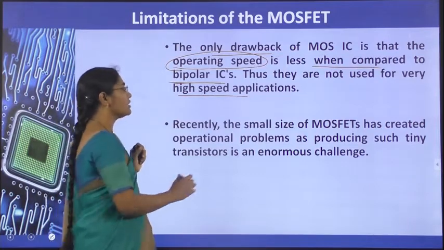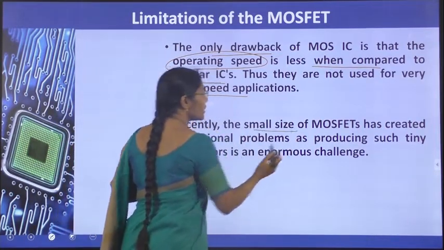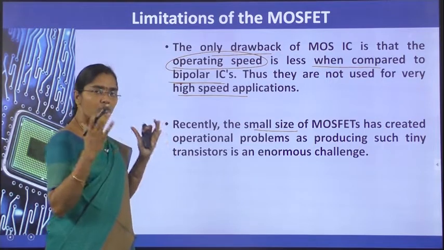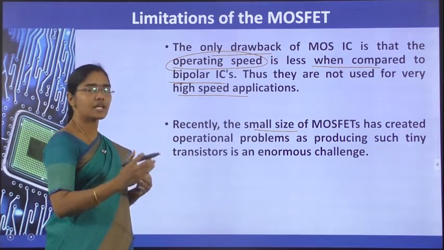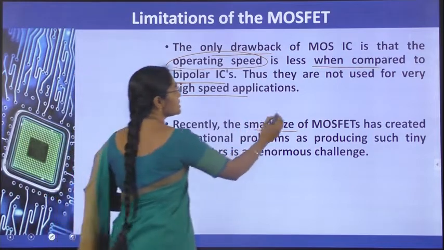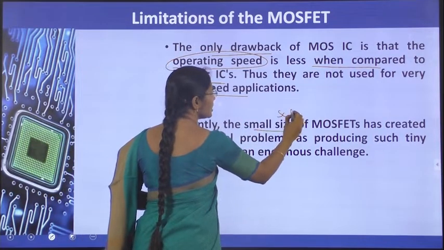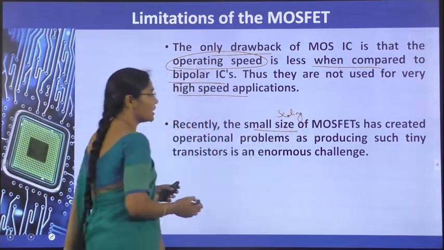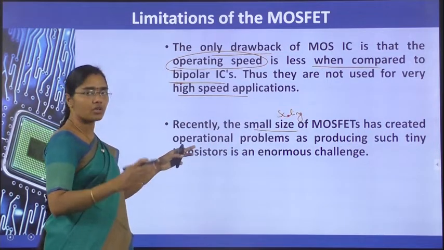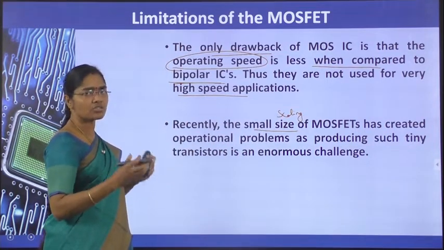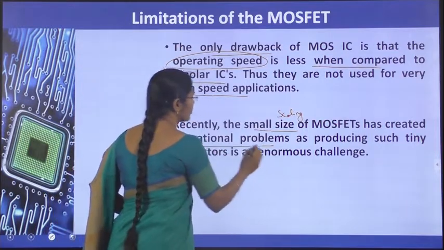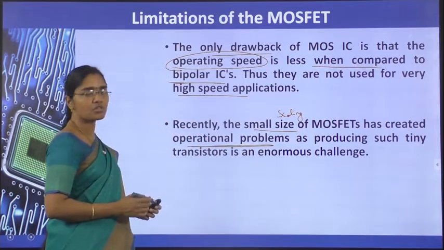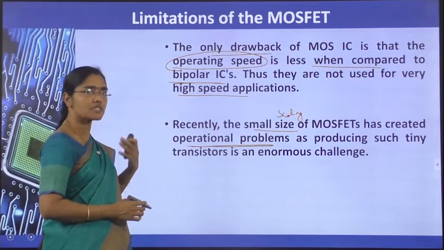And the next one, because of getting more packing density, more components on the IC, the transistor sizes are reducing. That is, scaling is used for MOS transistors. When scaling is applied and the channel length is reduced, the operation becomes a problem because of short channel effects and second order effects.